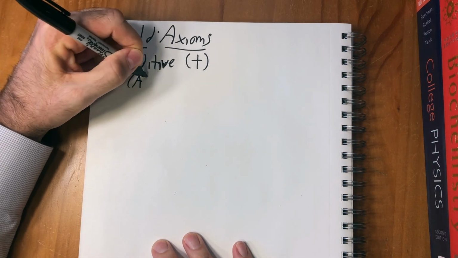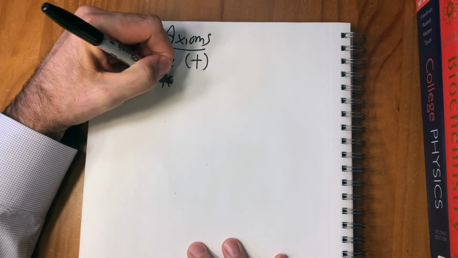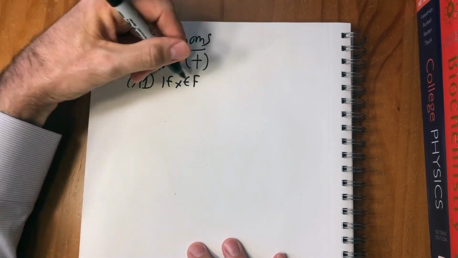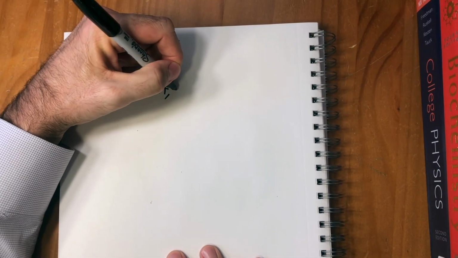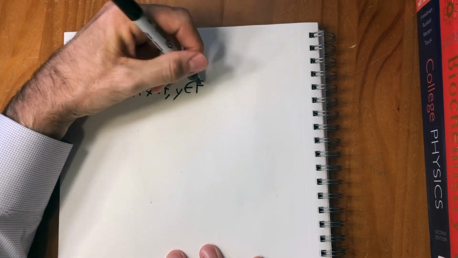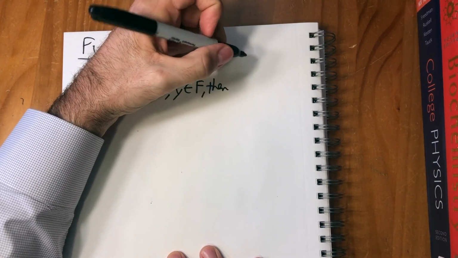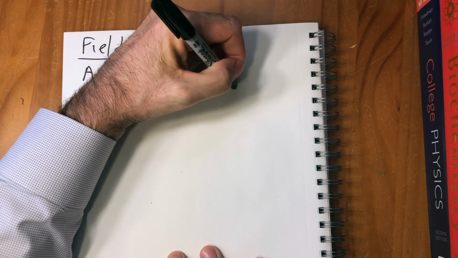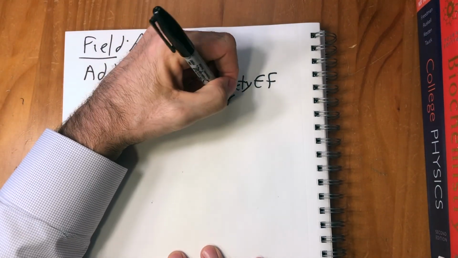And then in the Walter Rudin book, he numbers them like this. So if x is an element of F and y is an element of F, x plus y is an element of F. That's closure.